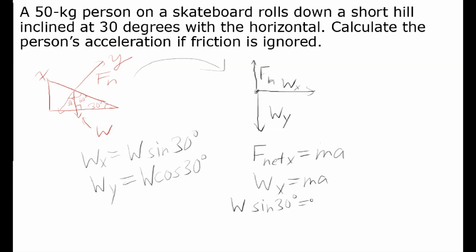Now since we're asked for the person's acceleration, we're going to solve for a. So a equals W sine 30 degrees divided by m.